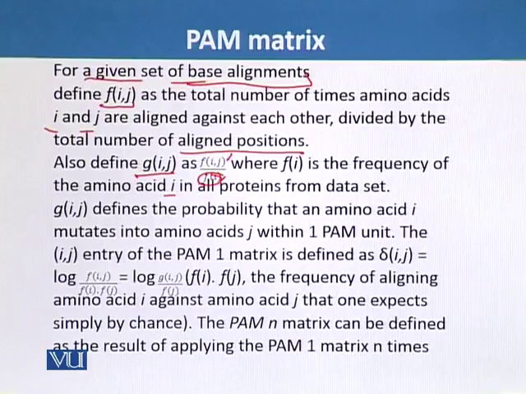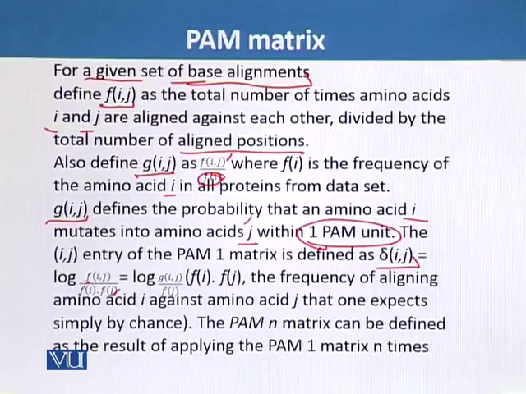And third, Gij defines the probability that amino acid I mutates into amino acid J within 1 PAM unit. We have defined 1 PAM unit as the time in which one amino acid out of 100 is mutated. So the ij entry of the PAM1 matrix is defined as delta ij equal to log of Fij divided by Fi Fj, and that is equal to log of Gij divided by Fj.